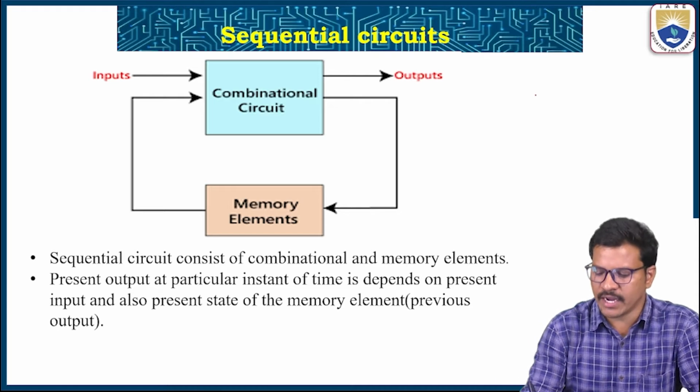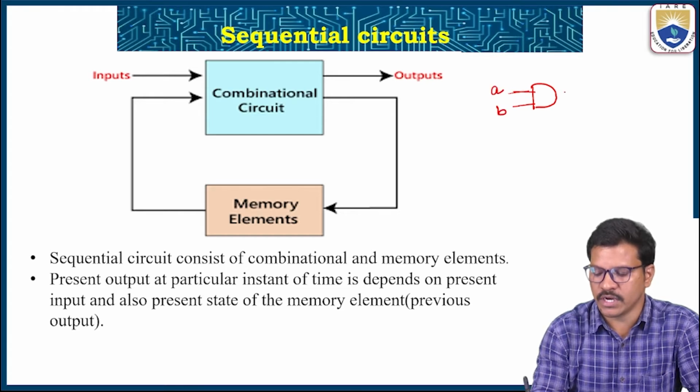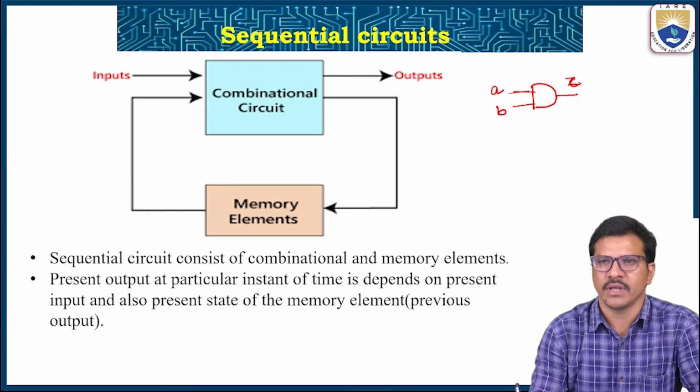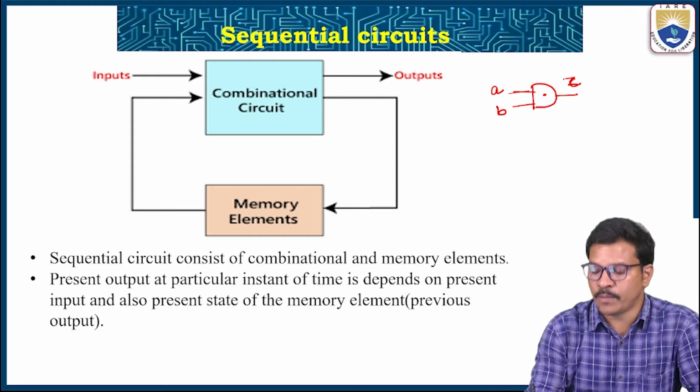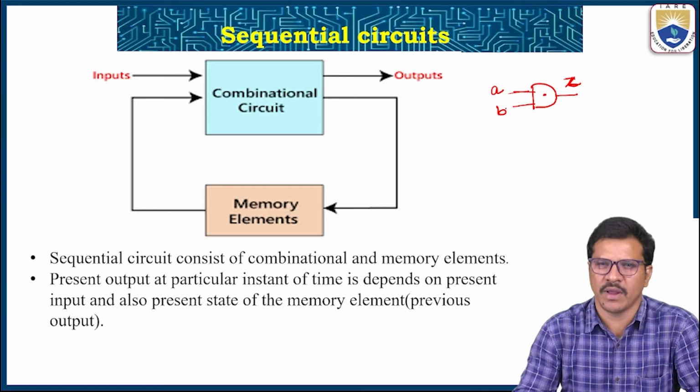If you take a simple logic gate, it consists of two inputs and one output. Let us take A and B as the two inputs, and Z as the output. In this simple AND gate, which represents the product term, the present output Z depends directly on the present inputs given at A and B.